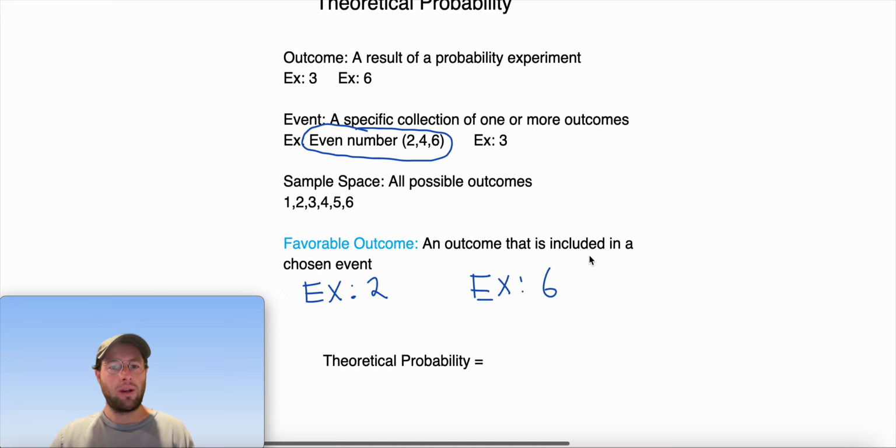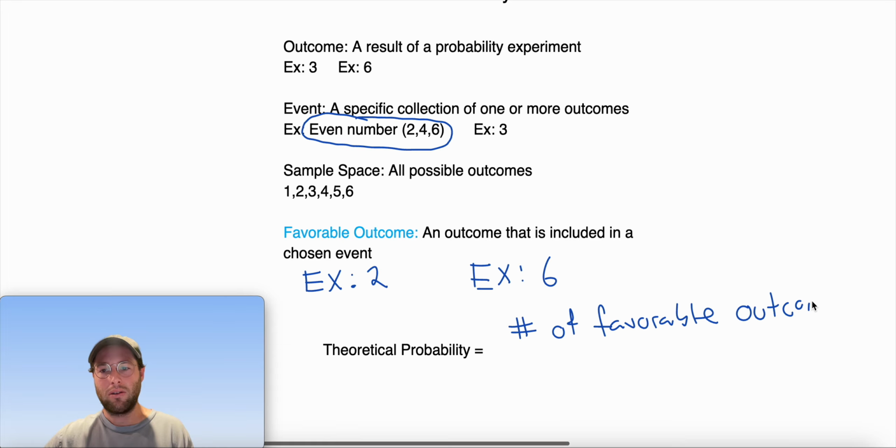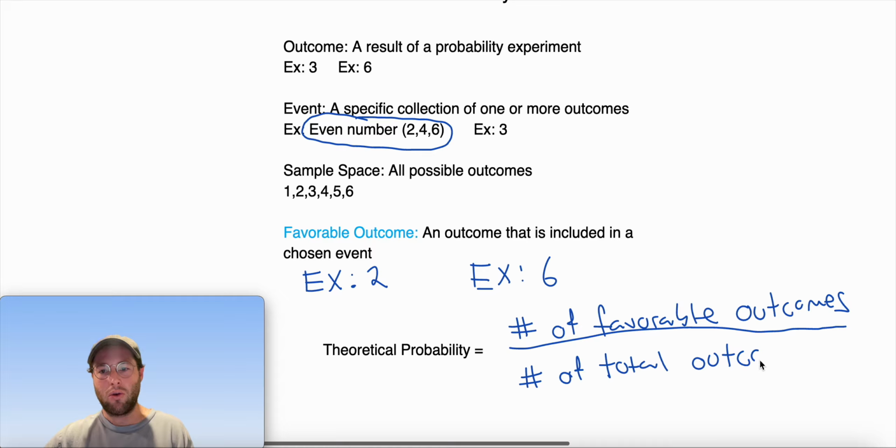Now we're ready to see how we calculate theoretical probability. Theoretical probability is found by taking the number of favorable outcomes over the number of total outcomes, which is equal to the size of the sample space.